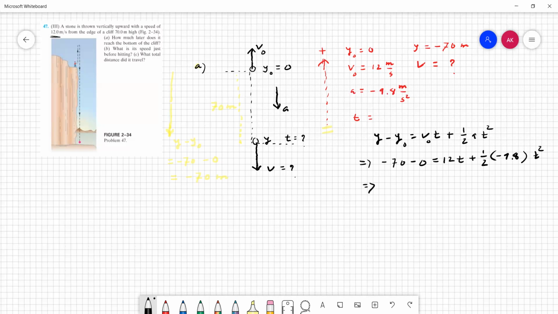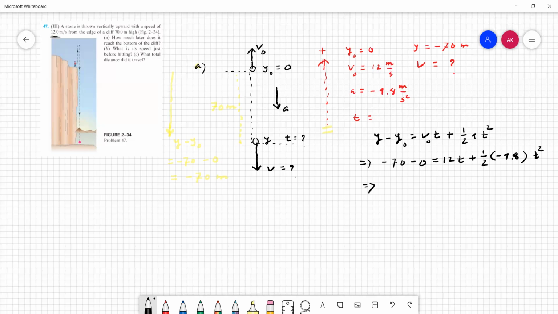Now this one is a quadratic equation, but not as simple as the one we did last time, because it doesn't have a 0 in the third part. It has some number other than 0.